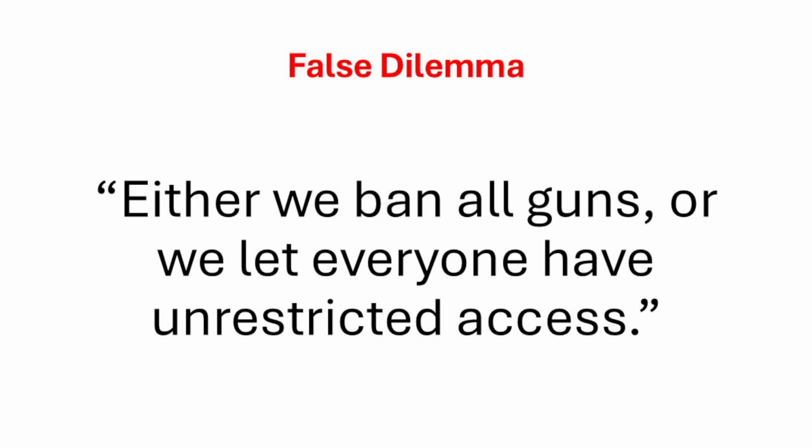Did you pause the video? And more importantly, have you put your answer in the comments? Well, I hope so. So what is missing here in this statement? Basically what's missing is a middle ground option, like regulated ownership or whatever.